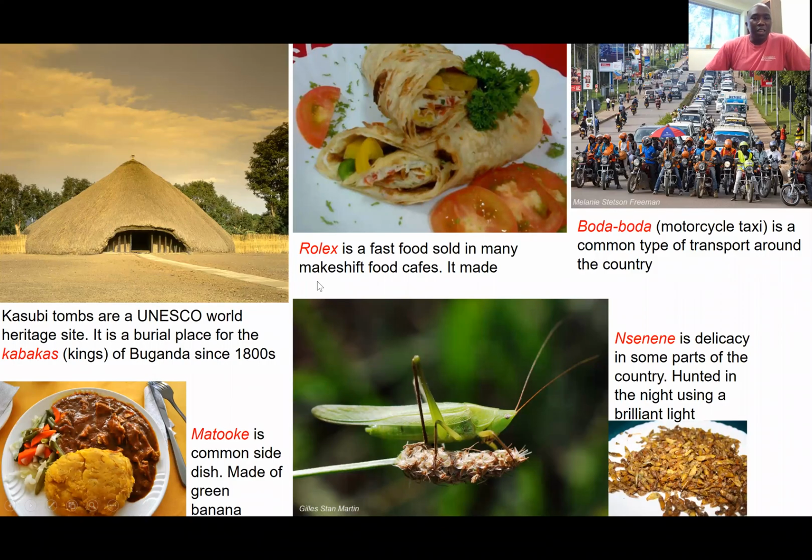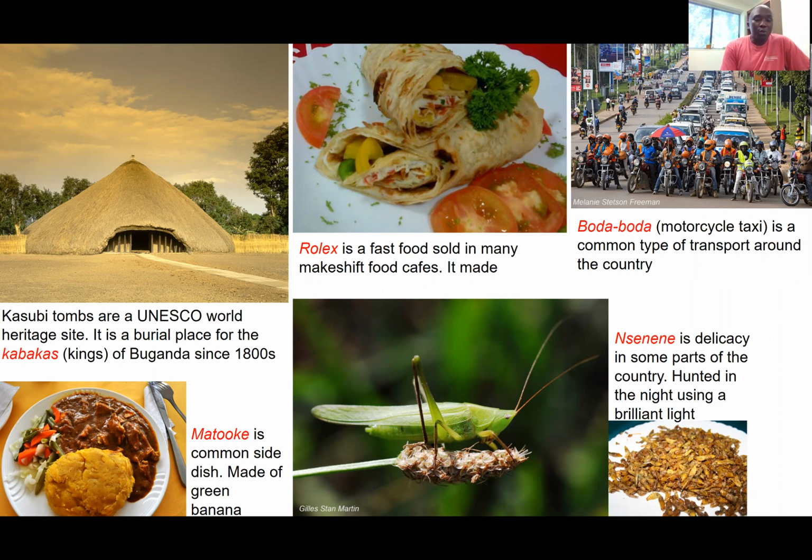So I'll tell you some other interesting attractions of Uganda. I've tried to pack as much as I can in the slide. On the top left, this is one of the most famous monuments in Uganda.